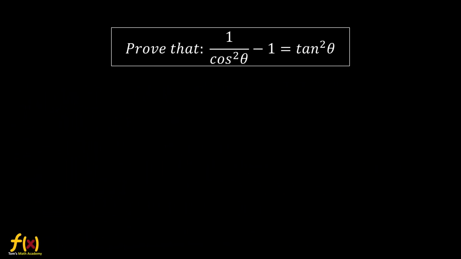Prove that 1 over cos square theta minus 1 equals tan square theta. So we start with the left hand side. 1 over cos square minus 1. So when we have fractions, usually we take the LCD, that is cos square.